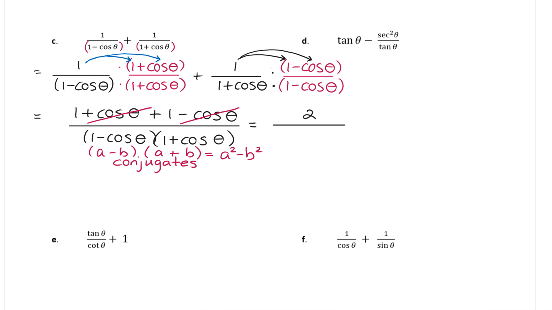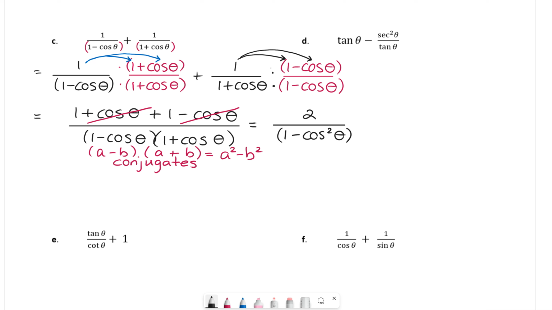So when these are conjugates, you can just simplify. Well, 1 squared is just a 1, and cosine squared is cosine squared, and so I don't have to FOIL or distribute first, outer, inner, last to simplify.